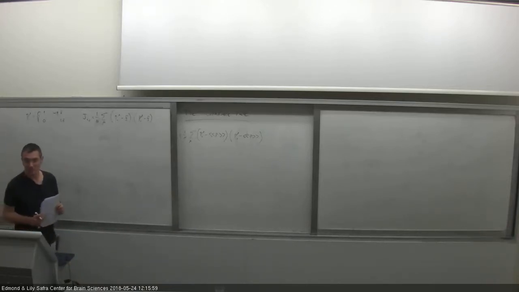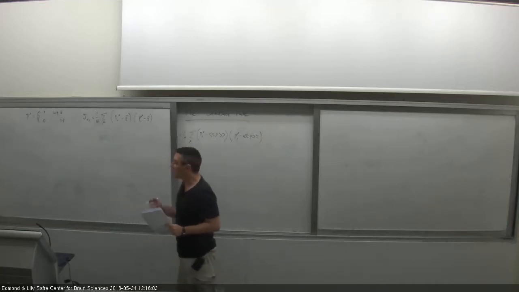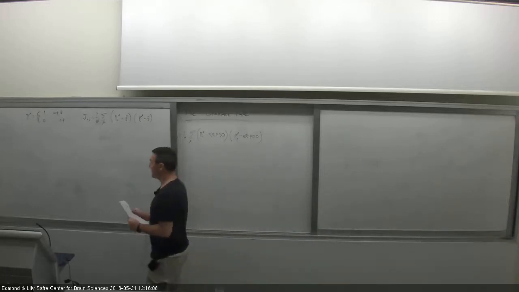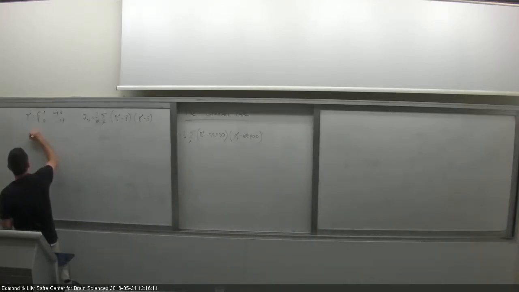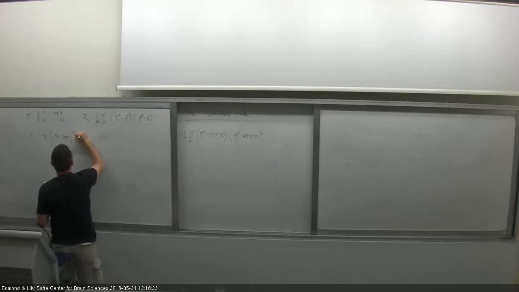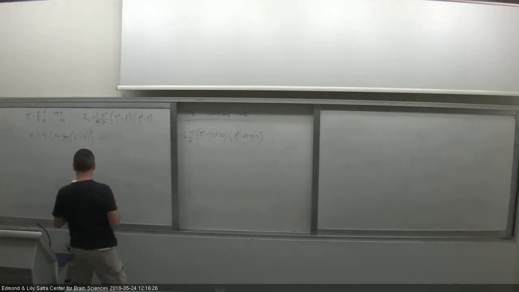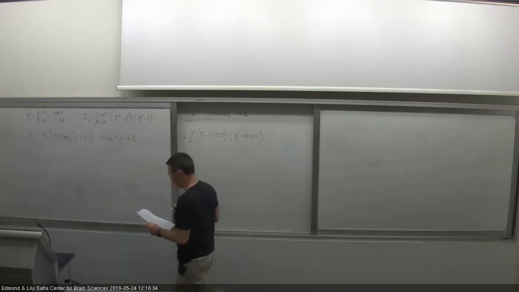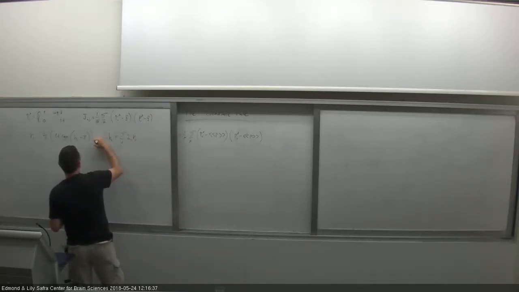Now we need an activation function. I just said that neurons are 0 or 1, but I didn't tell you what the activation function is. So our activation function is the following. We say that the activity of neuron i is equal to half of 1 plus sign of (hi minus t), where hi is the input to the neuron, as before, the sum over j of Jij rj, and t is a threshold that we will discuss later.